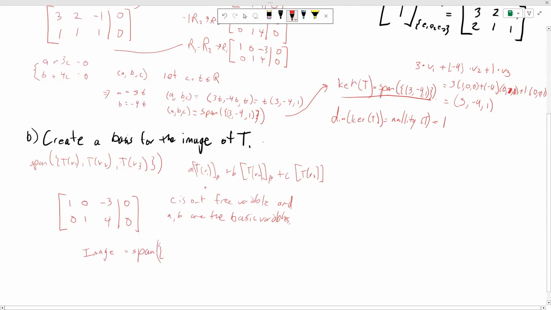And we're going to remove the redundant vector c, and we're just going to be looking at the column space, which is going to equal the span of just our first two vectors, which is 3, 1 and 2, 1.